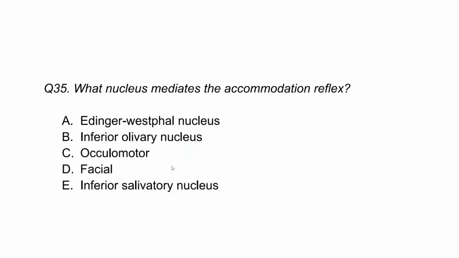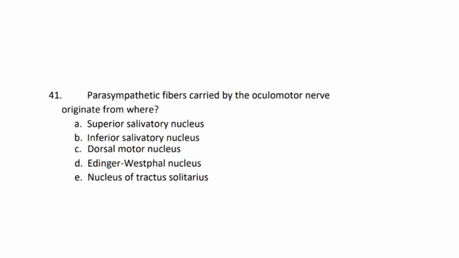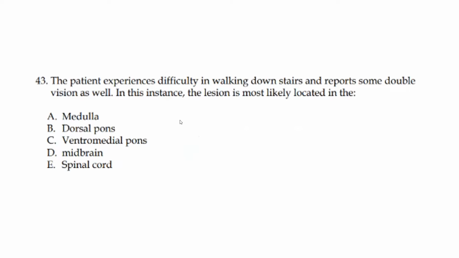We had the accommodation reflex. The accommodation reflex is one of the things that are handled by the Edinger-Westphal nucleus. I believe it's through parasympathetic fibers as well, and so that's the answer here.